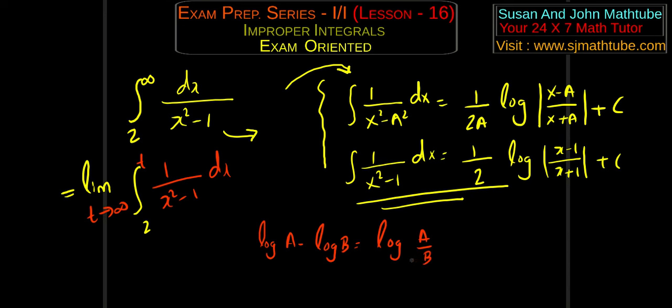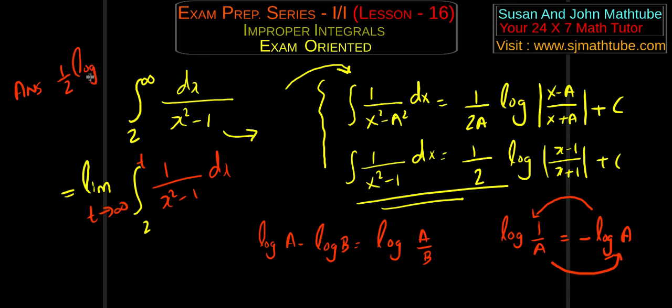And another very important thing is you have to understand log 1 by a is the same as minus log a. And sometimes you have to understand minus log a is log 1 by a because we will be frequently using this from this direction to this as well as from this to this. Anyway, the answer is 1 by 2 log 3.